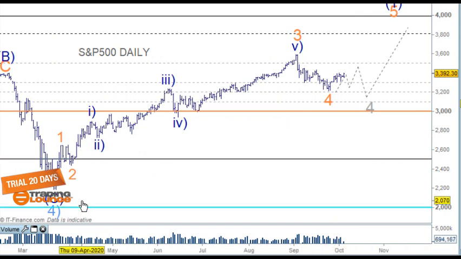The S&P is, well, my count is 1 and 2 and 3 and 4 down to here. We know that wave 4 can drop lower into the 38.2% retracement level, which is a little bit lower here. So it's possible that this 3-wave move here can rally and then drop back down into this space.